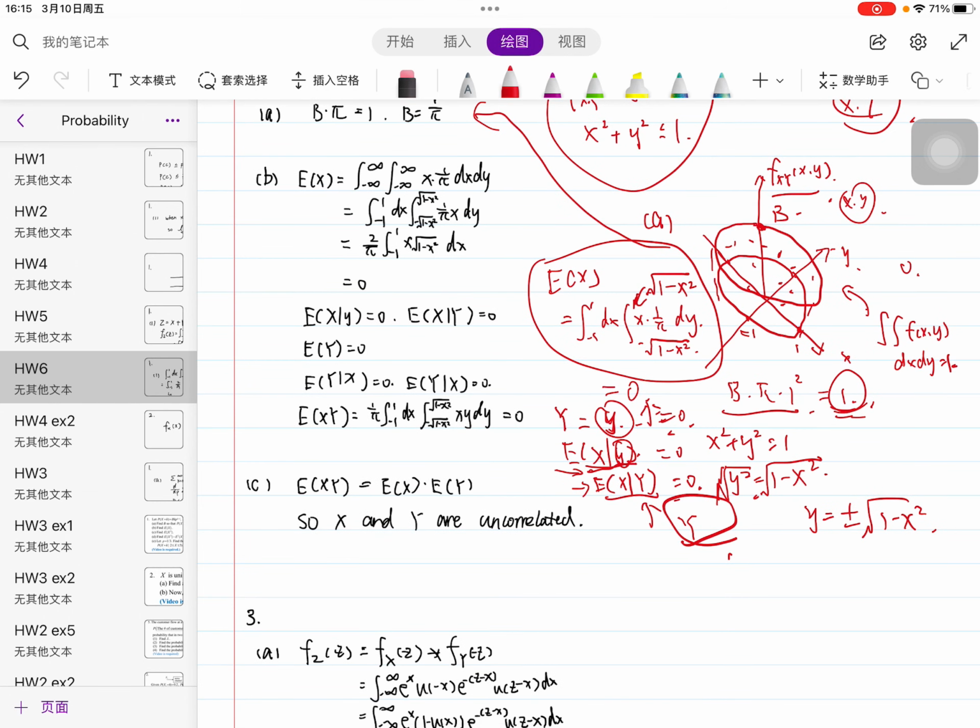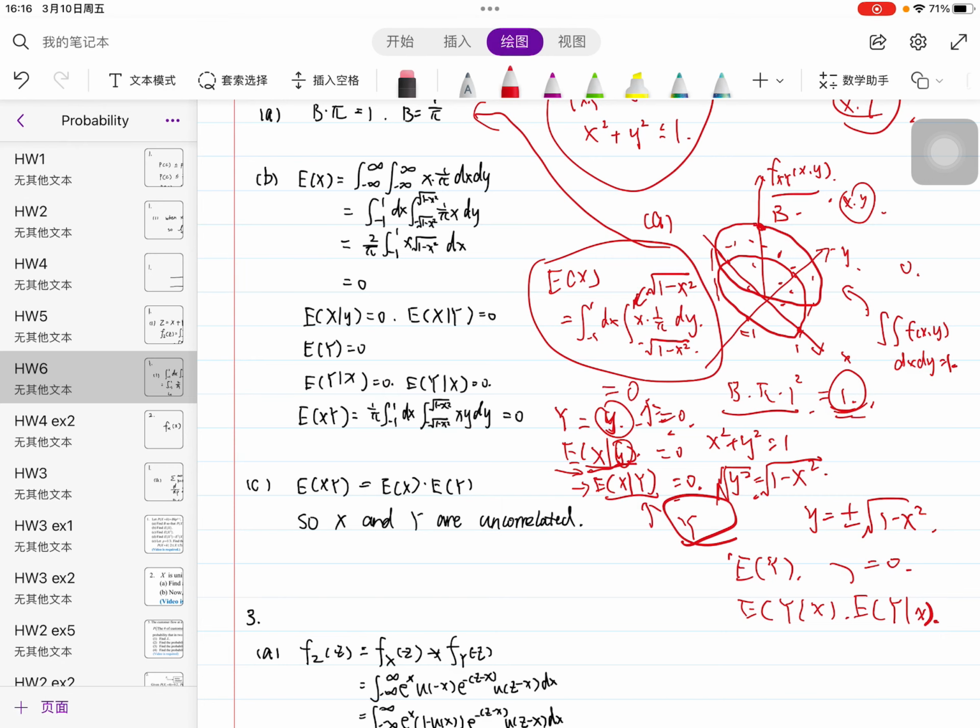And based on this, the expected value of y and these two conditional expected values given lowercase x are all 0.